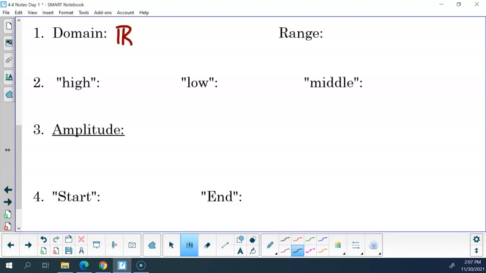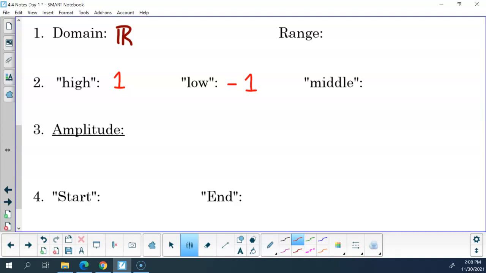Next observation, you tell me this one. On your curve, what is the maximum value of the sine curve? 1. It tops out at 1. What is the minimum value? -1. So since it tops out at 1, bottoms out at -1, that is my range.